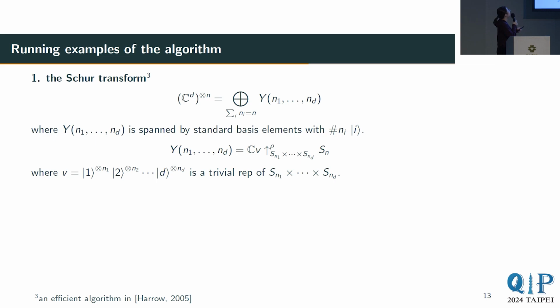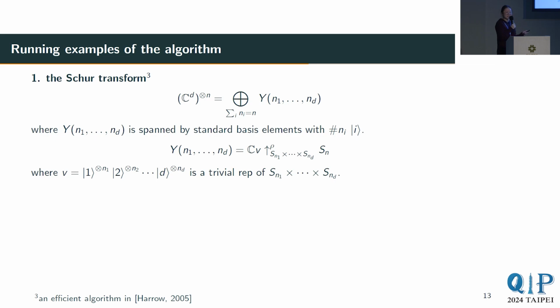And we'll decompose the tensor space first into a direct sum of Young modules, where each Young module is a representation of the symmetric group Sn, and is spanned by standard basis elements of the same type. And they can be obtained by applying all possible permutations to a fixed vector v in the Young module.